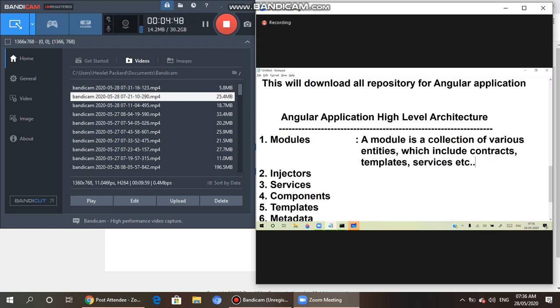Already in the last session we discussed modules and namespaces. So a module is a collection of all these.